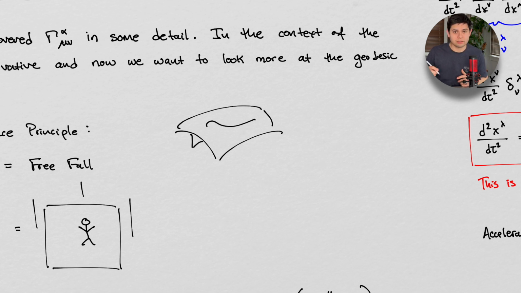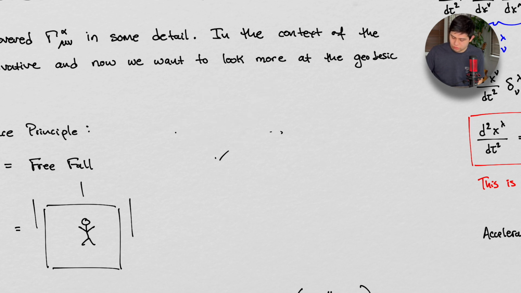And this path is the shortest path between two events, right? We're talking about space-time, so it's a four-dimensional manifold. And as we take some vector at one point on the path, and we travel along that path, we can track vector changes along that path. And those changes are what the geodesic equation is going to get at, okay?